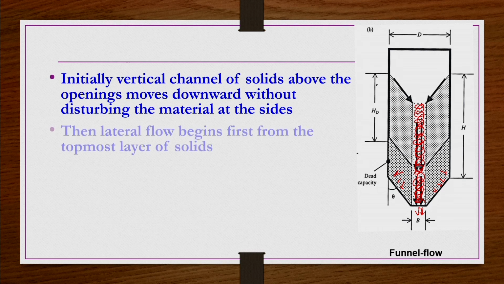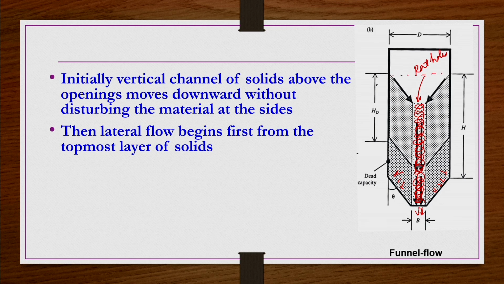Then the lateral flow begins from the topmost layer of the solid. After having a vertical channel, which is also known as a rat hole in general, the lateral motion starts.